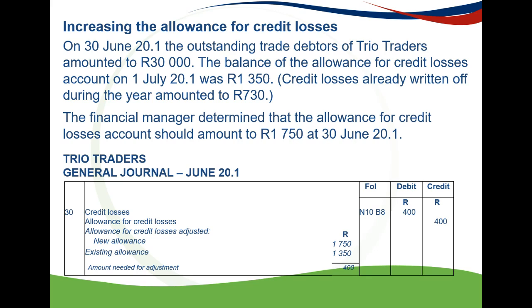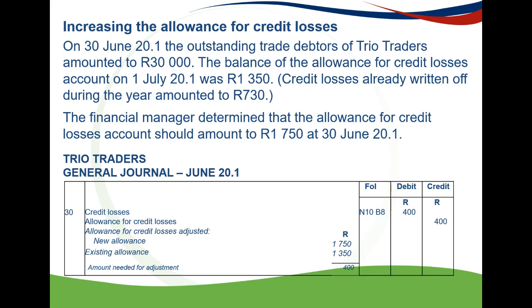Sorry, my mistake previously. We created the 1,350 at 30 June 20.0. Now we are at 30 June 20.1, where our allowance must be 1,750 rand.